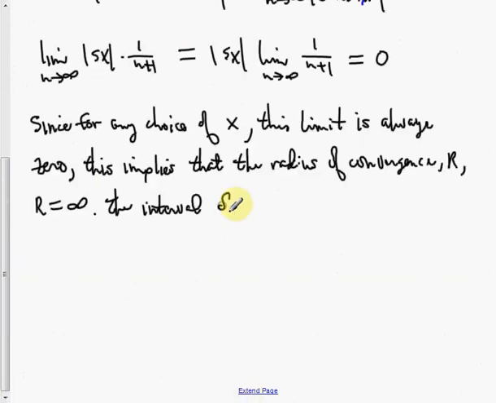The interval of convergence is from negative infinity to positive infinity. Okay. Good.